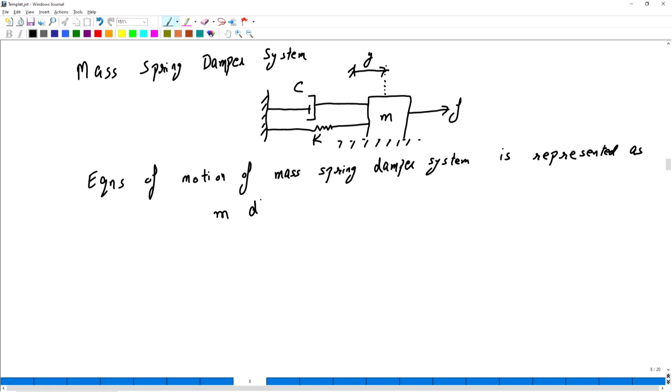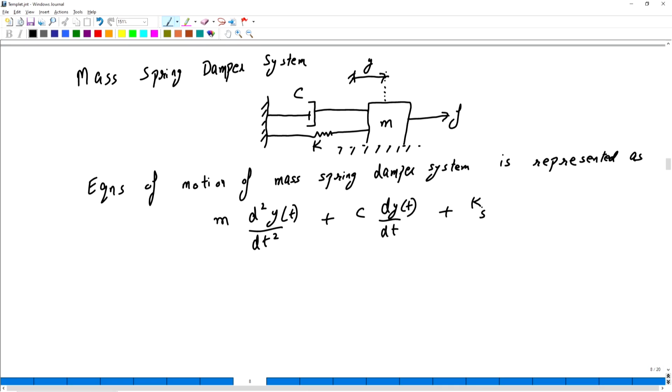m into d square y of t divided by dt square plus c into dy by dt plus Ks. Let me write Ks here, just to make it a little different from the steady state gain K, to avoid confusion.